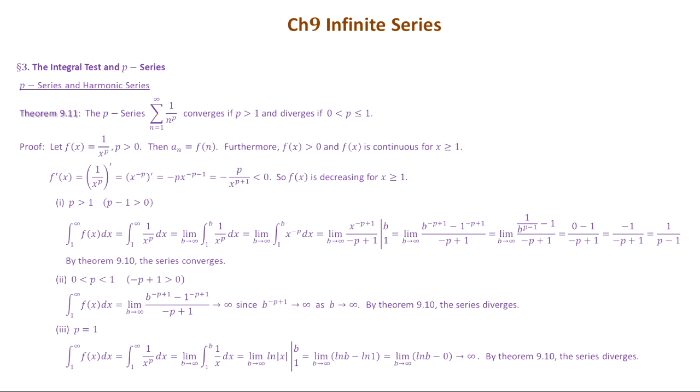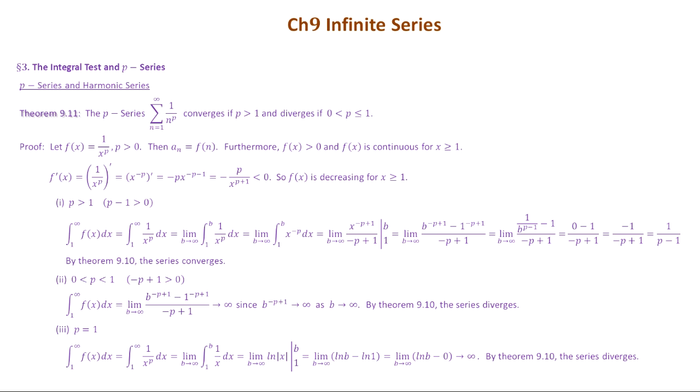You get the derivative of 1 over x to the p, which can be written as the derivative of x to the negative p, and you get negative p times x to the negative p minus 1, all right, using the power rule. And that can be rewritten as negative p over x to the p plus 1.